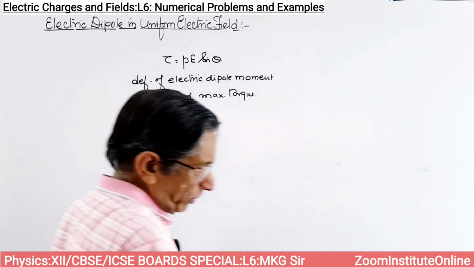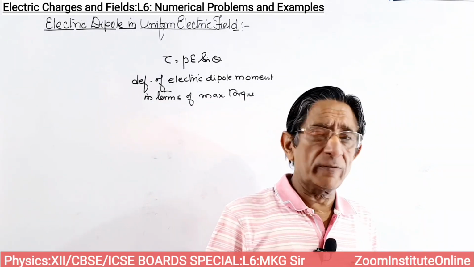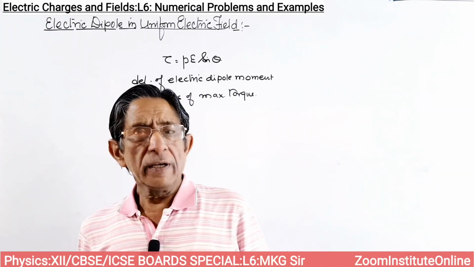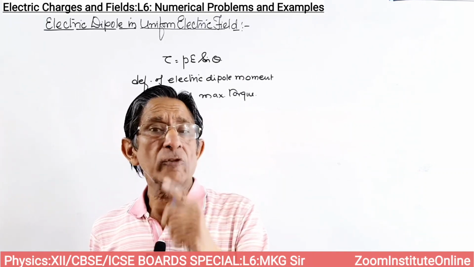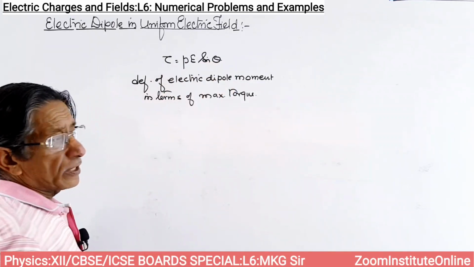In board exams, question is asked, define electric dipole moment in terms of maximum torque. So, how will you define electric dipole moment in terms of maximum torque? So, students, tau is equal to pE sin theta.